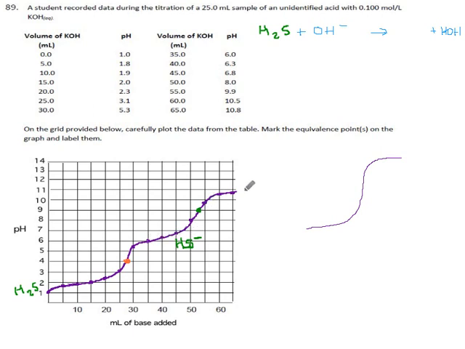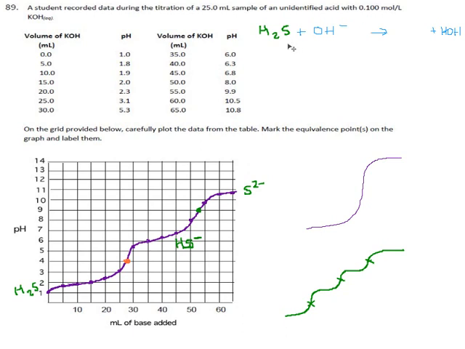Then if you keep adding base, they give up a second hydrogen and become sulfide ions. So two jumps means two reactions, and for something like phosphoric acid with three hydrogens, you could even have jump, jump, jump, a curve like that, where there are three separate equivalence points.